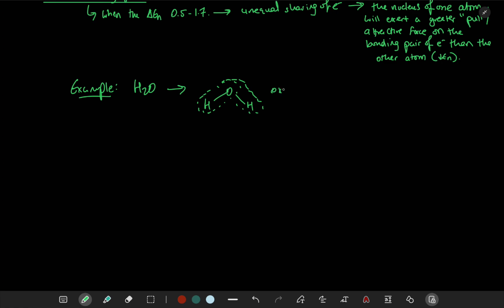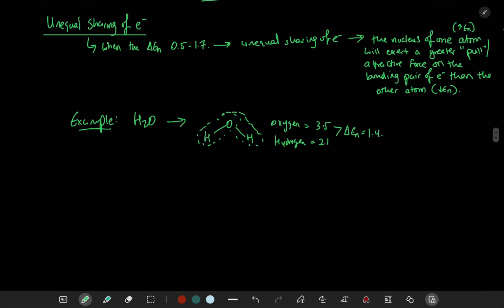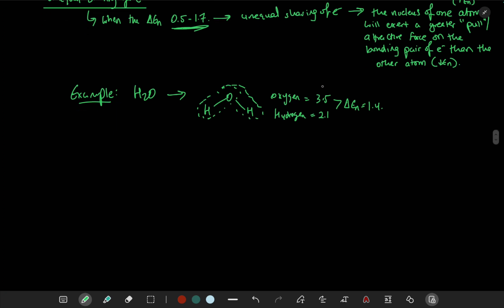Oxygen has an electronegativity of around 3.5, and hydrogen has an electronegativity of about 2.1. So here, the delta electronegativity is around 1.4, and that's between 0.5 and 1.7. And so what happens? Well, here the oxygen has the higher electronegativity, and hydrogen has a lower electronegativity.